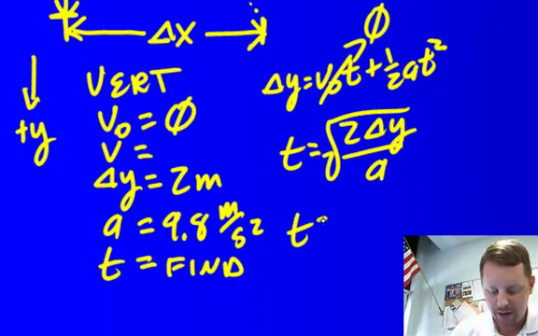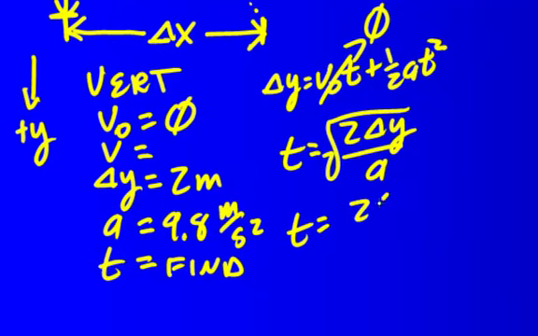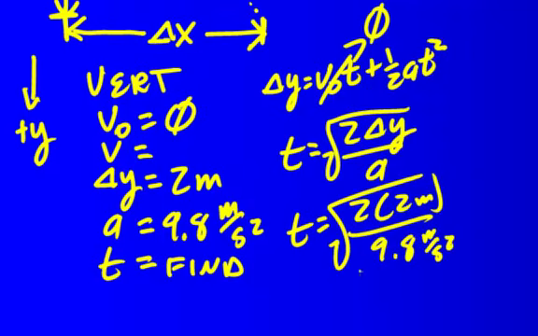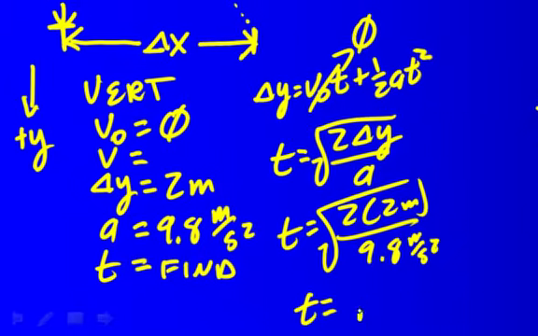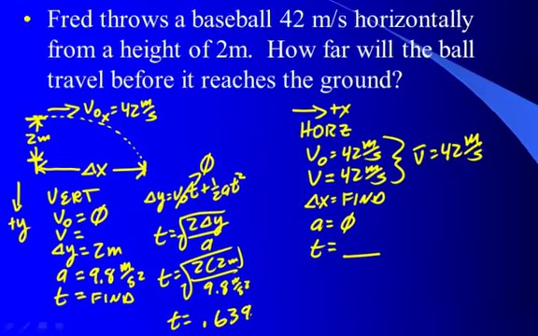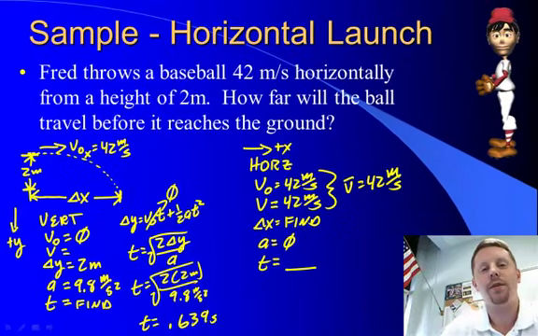Substituting values, 2 times 2 meters over 9.8 meters per second squared, square root, I find t is plus or minus 0.639 seconds. Of course we'll take the positive root because that's the one that makes sense in this problem.